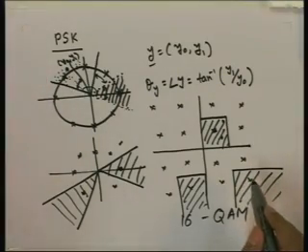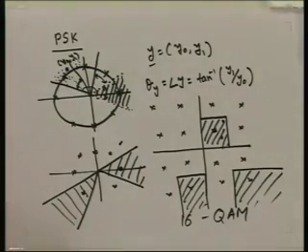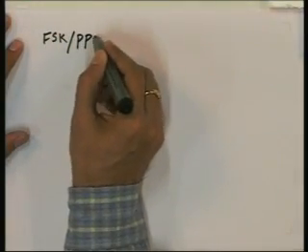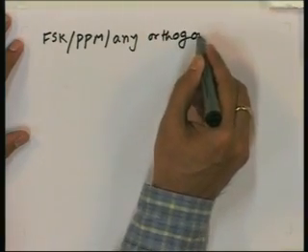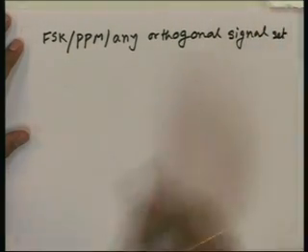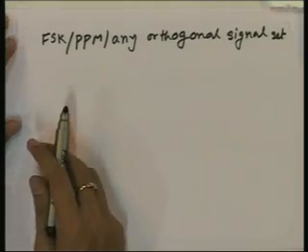So, now for PSK we have seen that this can be done this way, finding the phase. Now, if we take the FSK or PPM modulation, we are considering now FSK or PPM or any orthogonal signal set. So, for any orthogonal signal set like FSK and PPM, we know that the number of points is same as the dimension of the signal space.